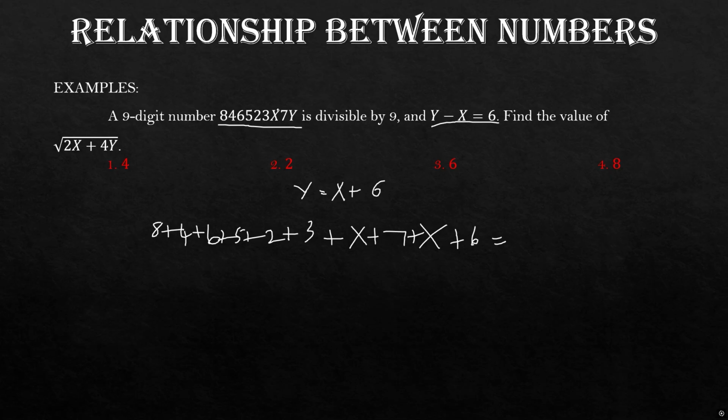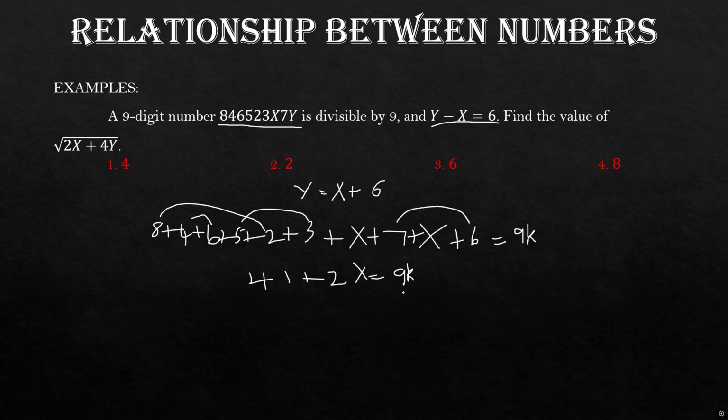This sum is divisible by 9, so the sum must be a multiple of 9. So we take it as 9k. Now we add these: 10, 20, 28, 35, 41. So 41 plus 2x equals 9k. The multiple of 9 nearest to 41 is 45. So we write 45 in this place.